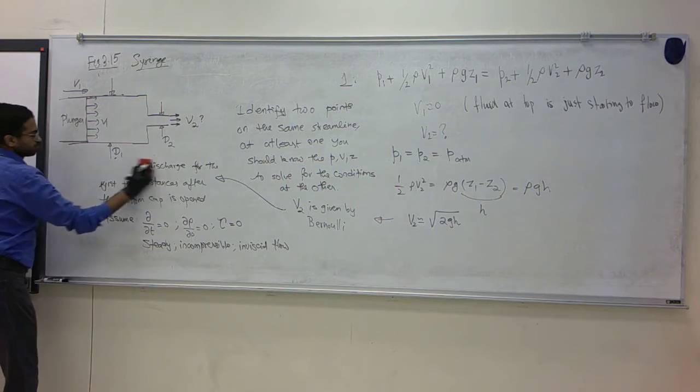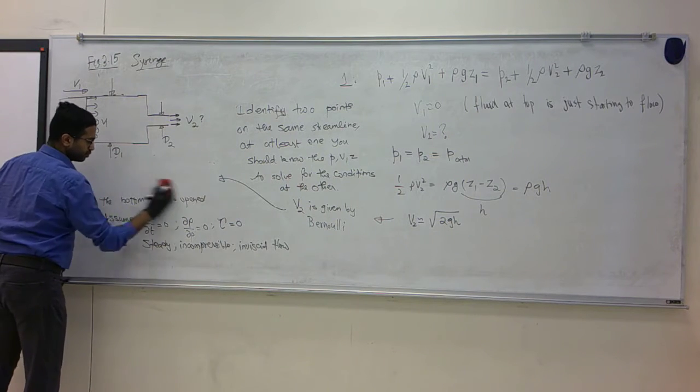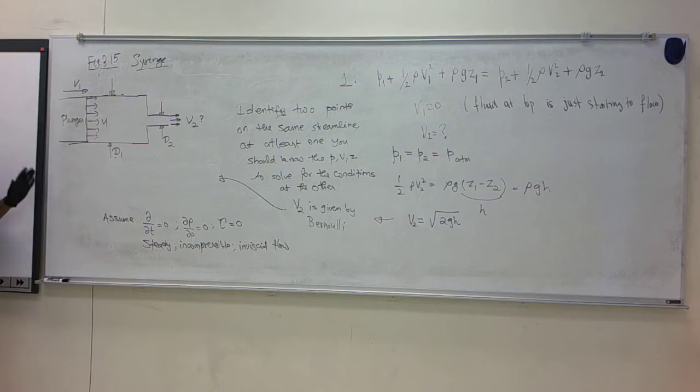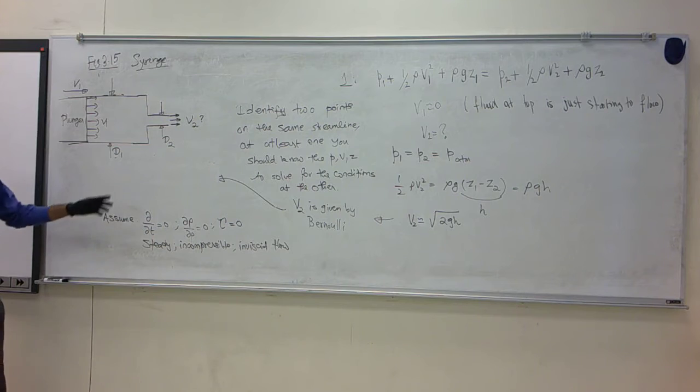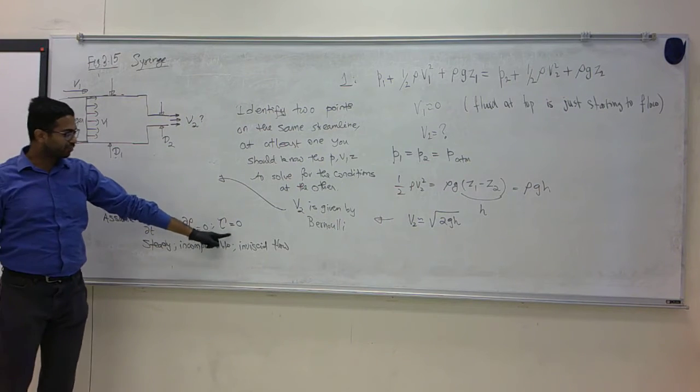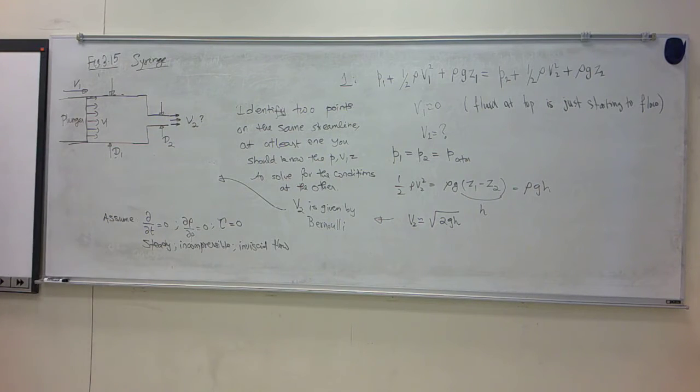As usual, we are going to assume that the plunger is being pushed in a steady manner, steady flow. The fluid inside is some kind of a liquid which is incompressible, and we ignore all viscous effects and call this an inviscid flow.